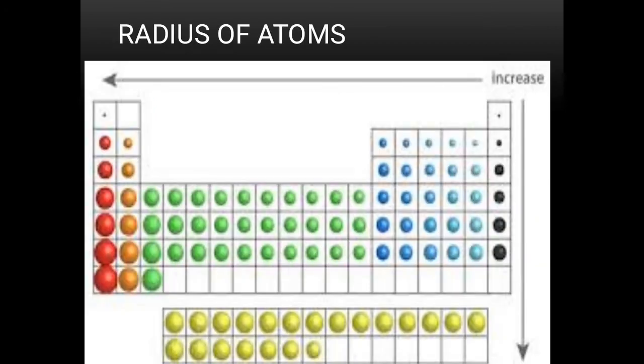Now we see in this picture, it is clearly depicted that these balls represent the size of the atom, or the radii of atoms, of all the periodic table elements.